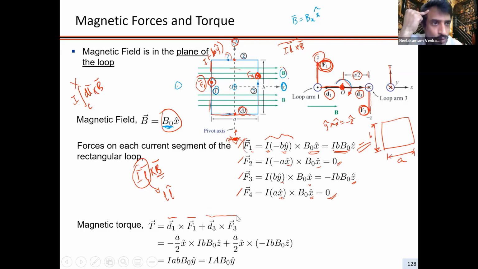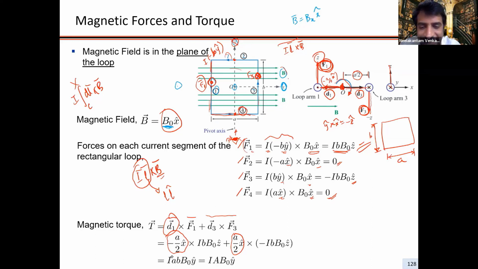An important thing for you to notice: your D1 is in the negative X hat direction, because the point where that force applies is going to be minus a by 2 x hat. That's D1. It's minus a by 2 x hat because it's in the negative x hat direction. Your D3 is going to be plus a by 2 x hat.